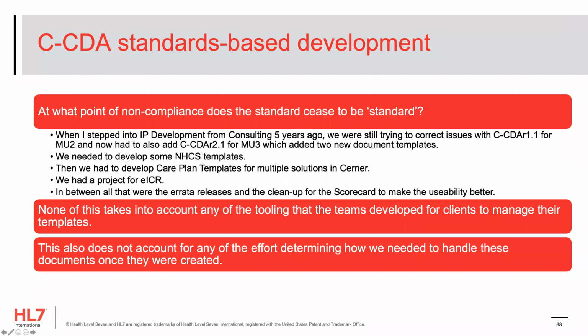I used to do a lot of development for meaningful use stage 2 and meaningful use stage 3. We added the additional document templates, and we added the national healthcare standard templates. We started creating care plan templates for multiple solutions in the eICR.